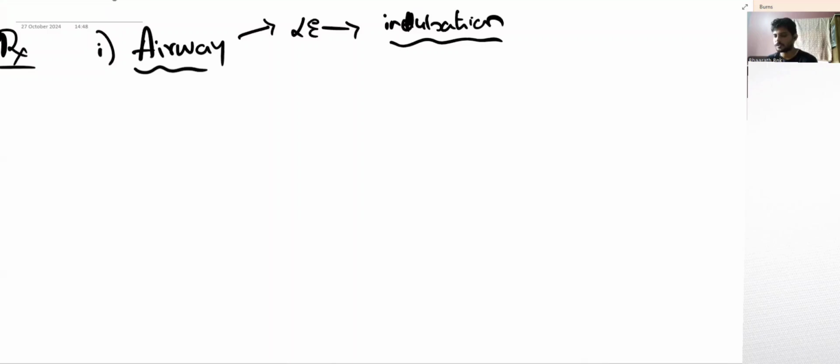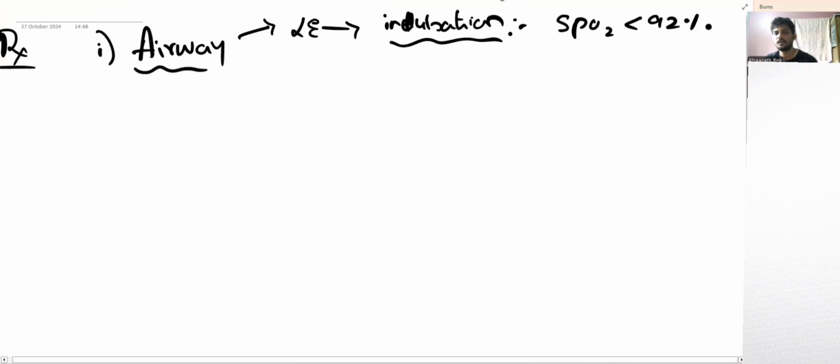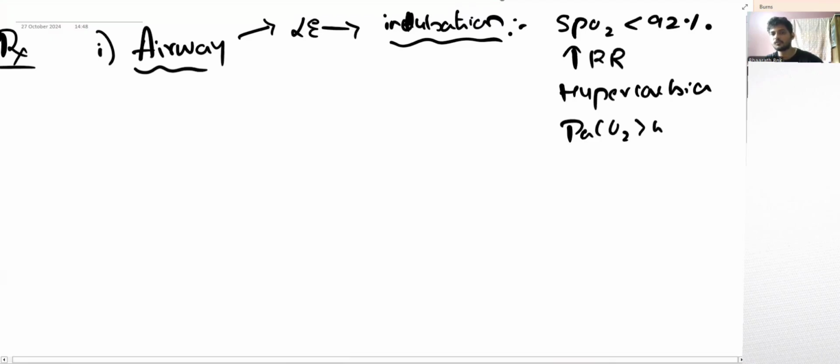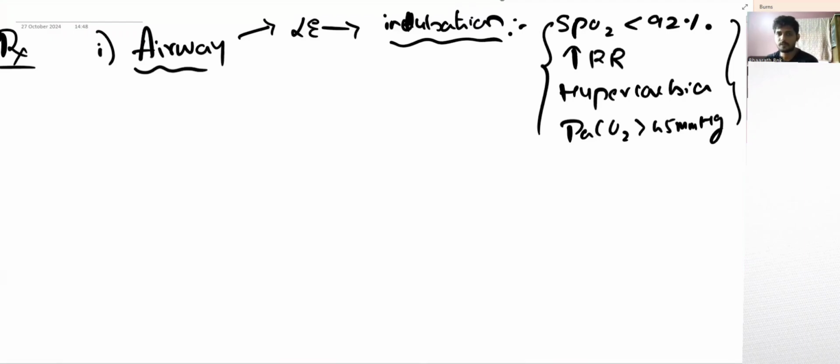If the criteria for intubation are fulfilled, the first sign of declining pulmonary function would be SpO2 of less than 92%. So if SpO2 drops to less than 92%, which is associated with increased respiratory rate, and the patient has hypercarbia, so there is a lot of carbon dioxide in the blood because it is not being expelled out, and if this is by PaCO2 of more than 45 mmHg, so if these three are present, you take an ABG, PaCO2 is more than 45, clinically the respiratory rate of the patient is high, and the saturation drops to 92%, you intubate the patient.